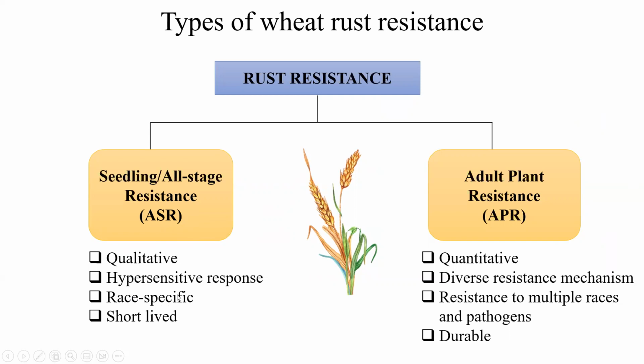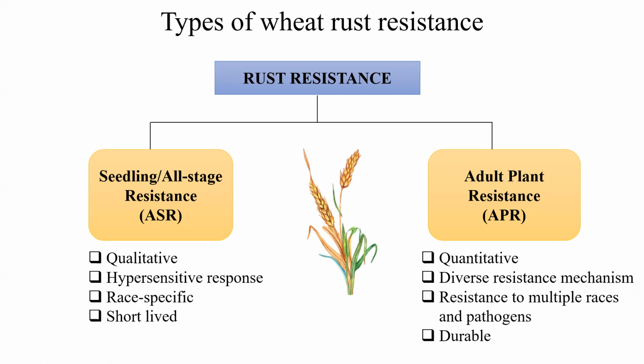It is race-specific, however, and it is short-lived. So relying only on this type of resistance will create a selection pressure on the pathogen that can evolve rapidly to this type of resistance.